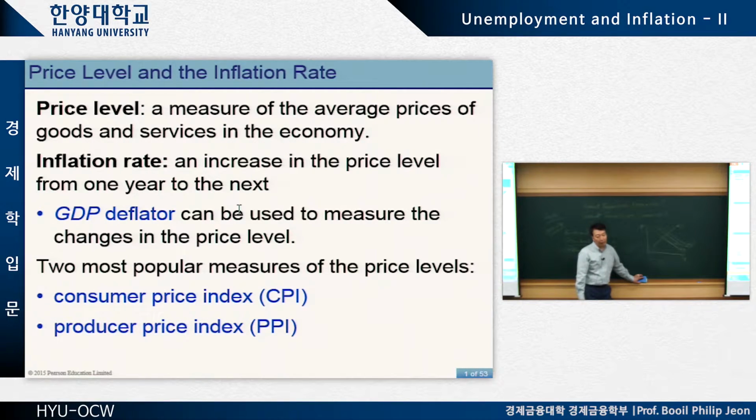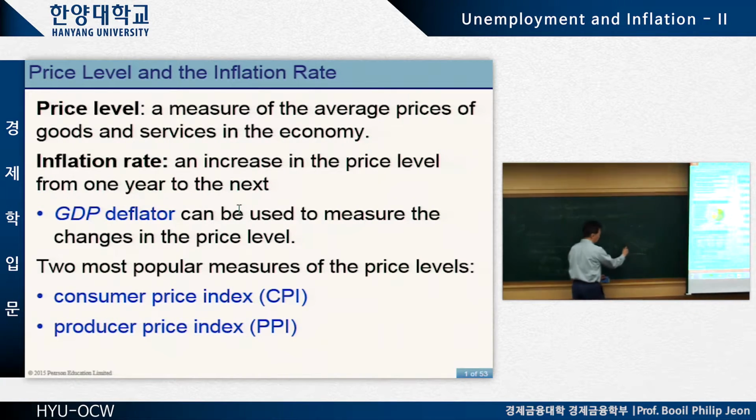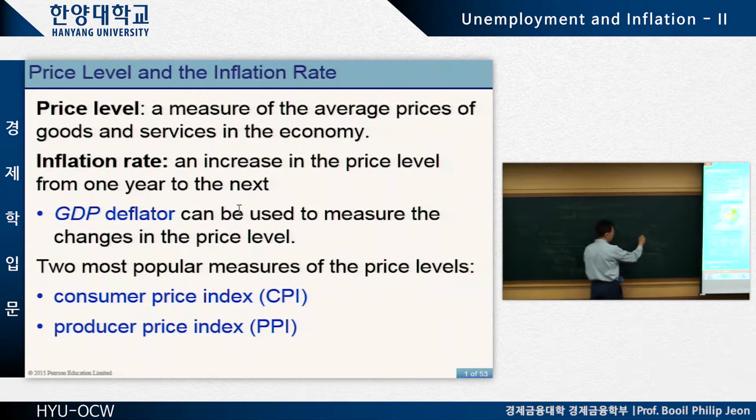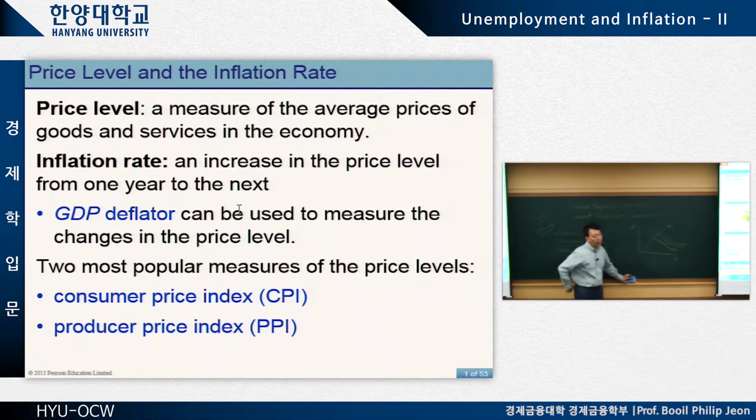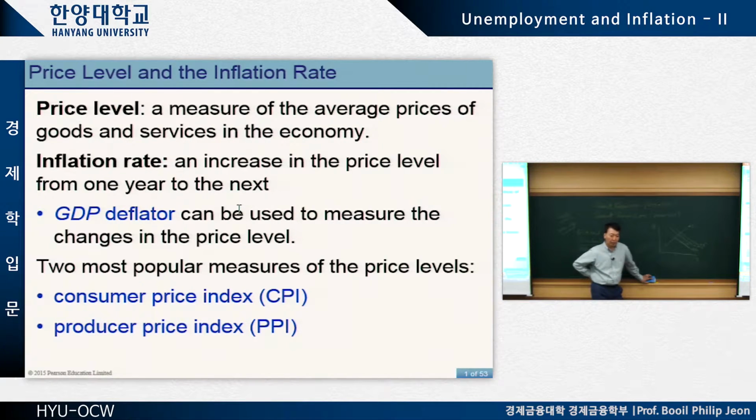Okay. So what happens to output, income, and employment? Well, it's going to increase. Both output and income will increase, and employment will also increase. If you want to produce more output, you need more workers. And that was the goal of government policy.